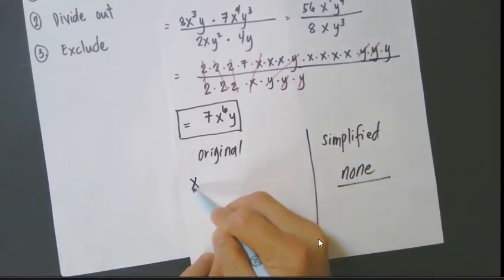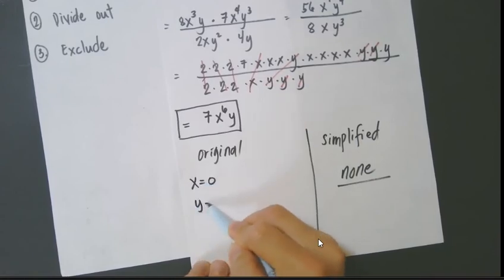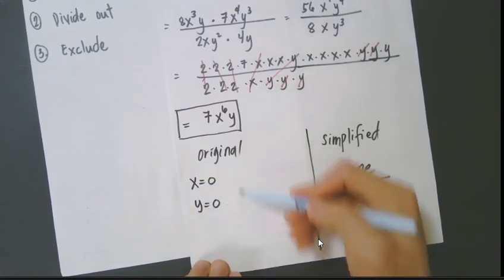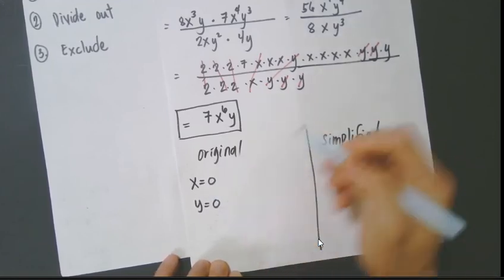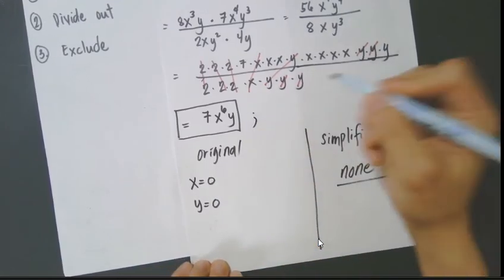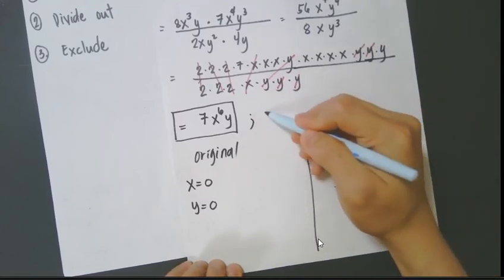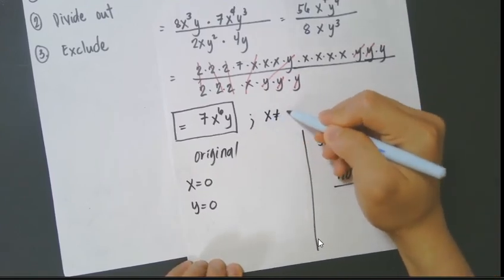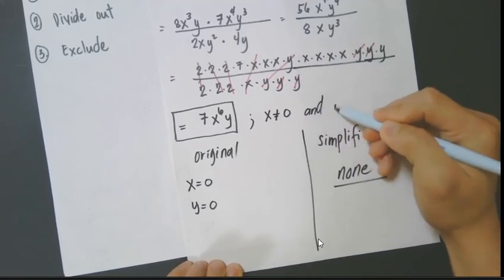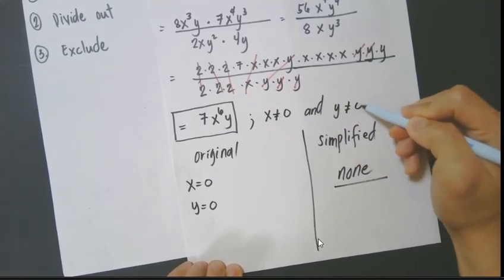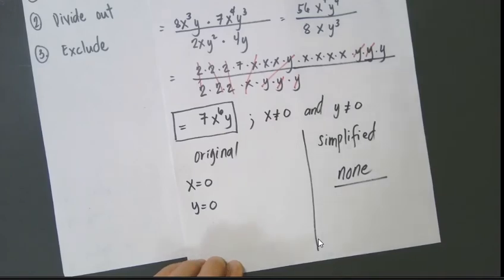So we have x equals 0, then y equals 0. You don't need to solve for x and y because they're already equated to zero. So the excluded values now will be 0 for x and 0 as well for y. There you go.